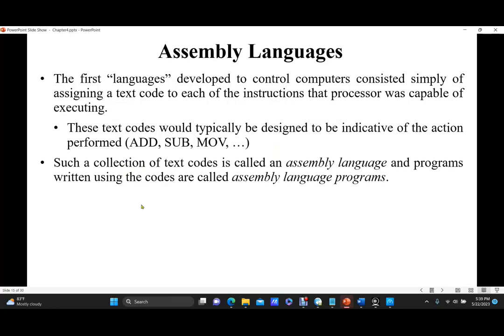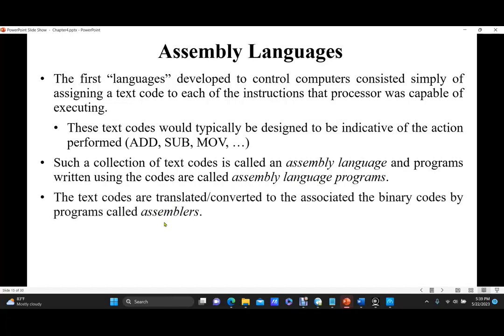Such a collection of text codes is called an assembly language, and a program written in these codes is called an assembly language program. The text codes would be translated to the associated machine language instructions, binary codes, by programs called assemblers.